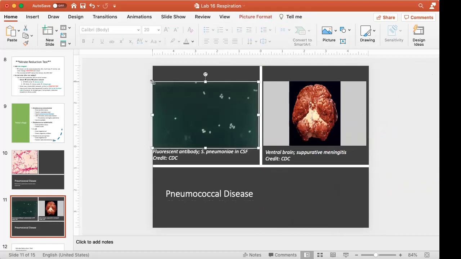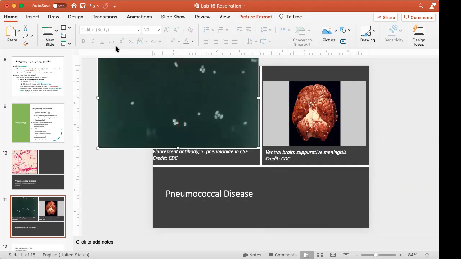Over here, this is a sample of cerebrospinal fluid. It's very common when we suspect a meningitis to take a sample of cerebrospinal fluid. Now, what you're looking at here looks a little odd because it has a dark background. This is a very particular type of image. This was taken with a fluorescent microscope, but you'll notice that I don't see any bright colors here that I normally associate with a fluorescent scope.